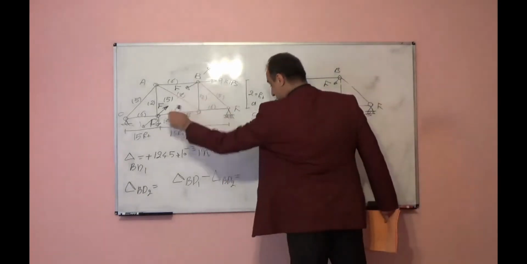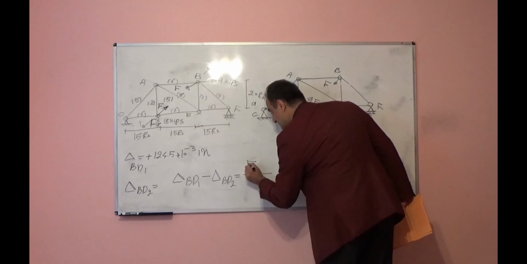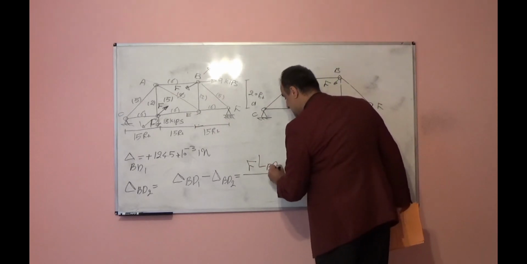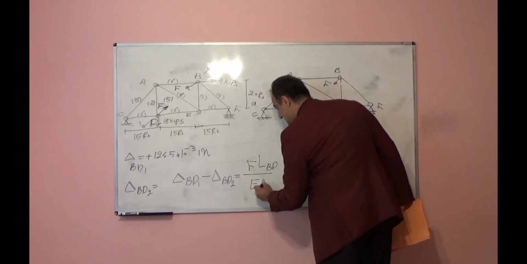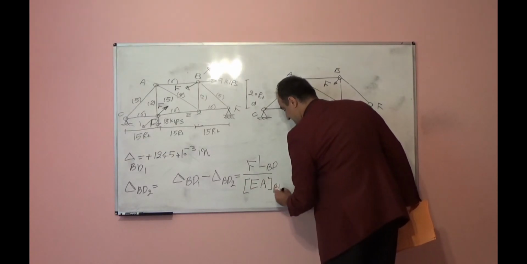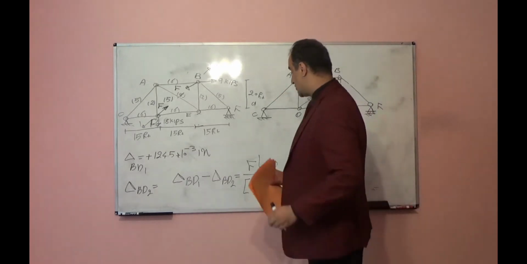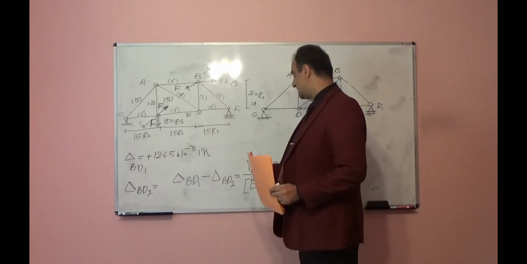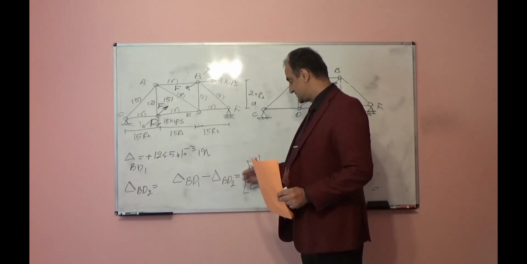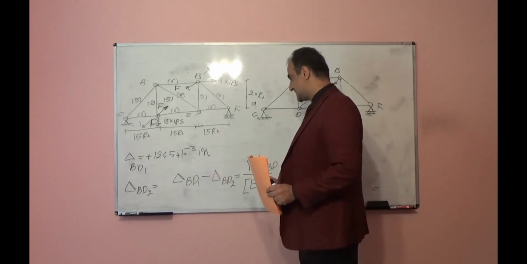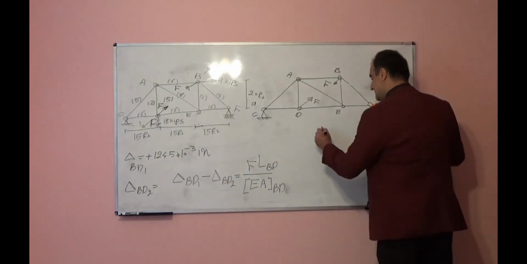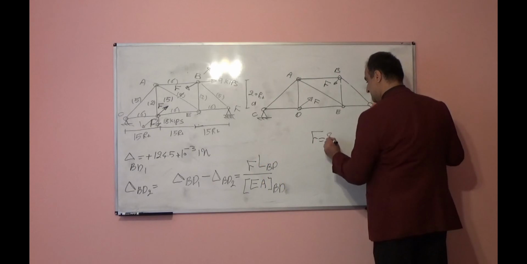Elongation of this member will be the force in that member times the length of that member divided by EA of that member. So from here you can find F, because this is in terms of F, this is in terms of F. You will take it to this side, set it equal to that, and you will find that force F.